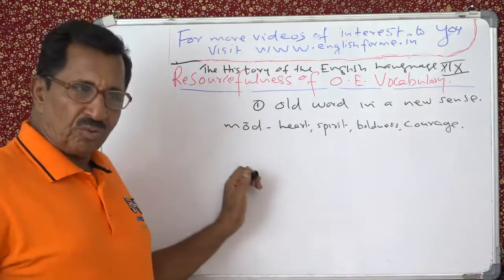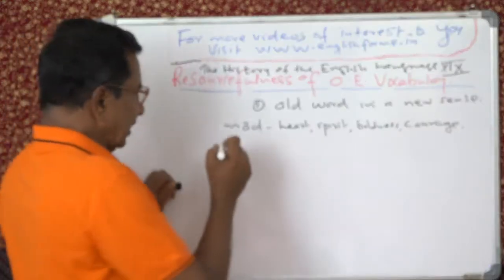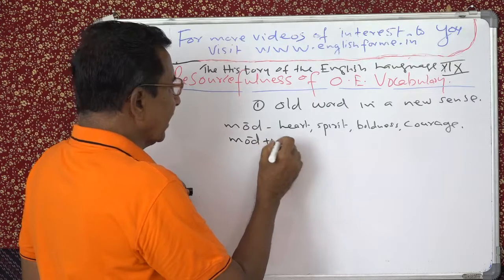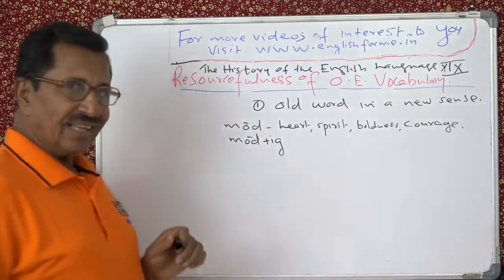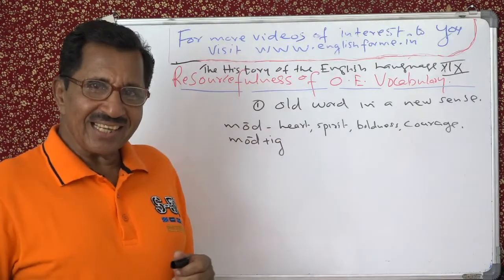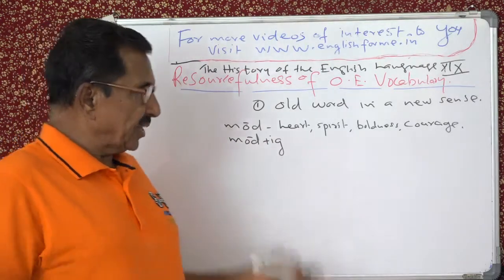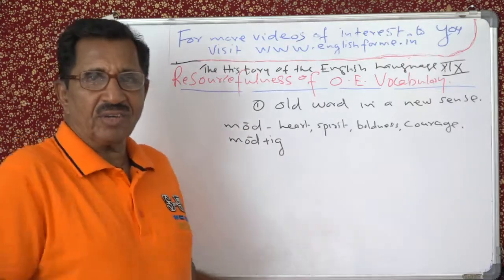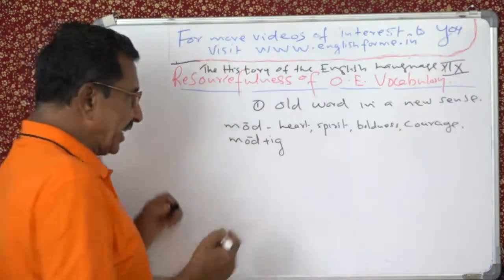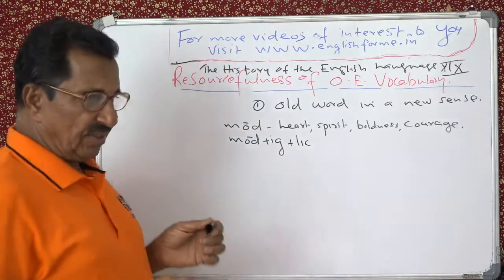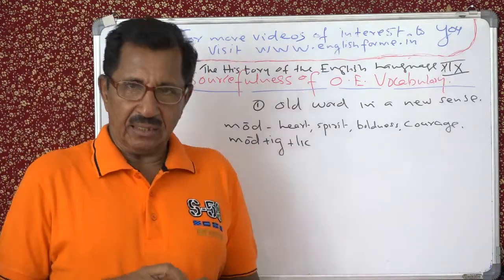So mod is the root. Then what they did was add something to this. Mod plus ig, modig. And modig means sad, hearty, spirited. You can use any of these for modig. Then modlic, L-I-C.